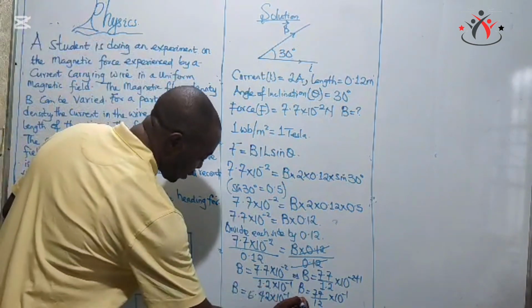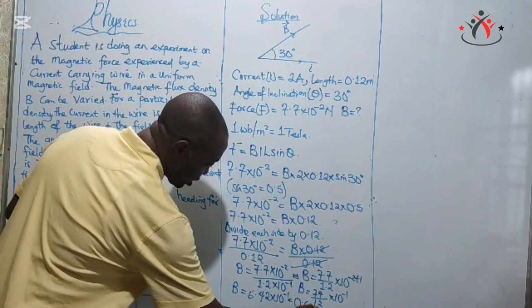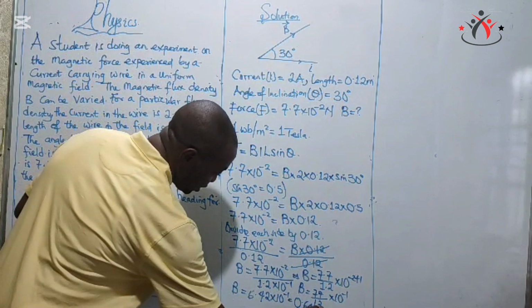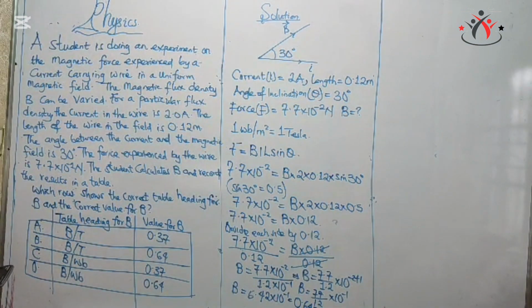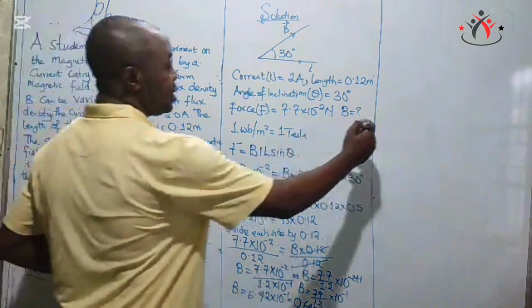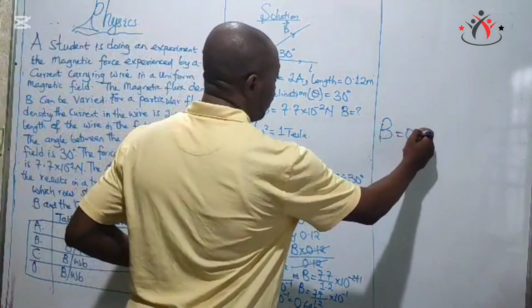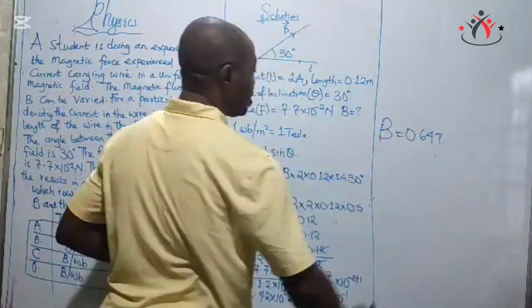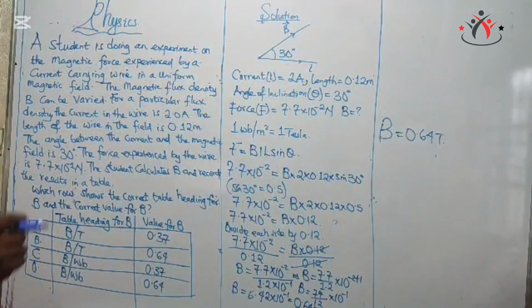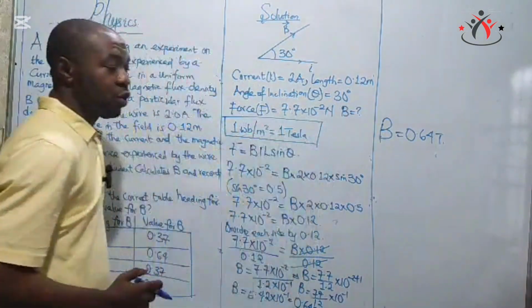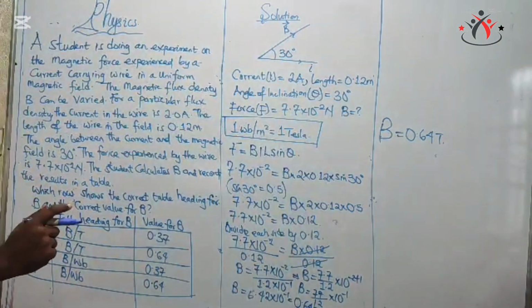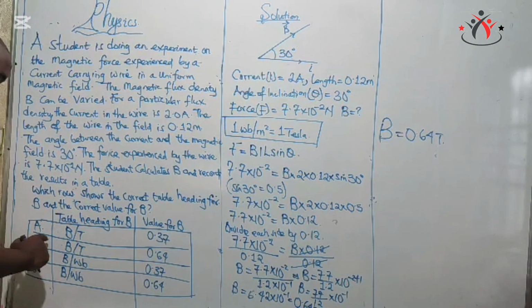So the magnetic flux density will be 0.64 Tesla. So the value of B is 0.64 Tesla. Remember, the unit of B is Tesla, and 1 Weber per square meter equals 1 Tesla.